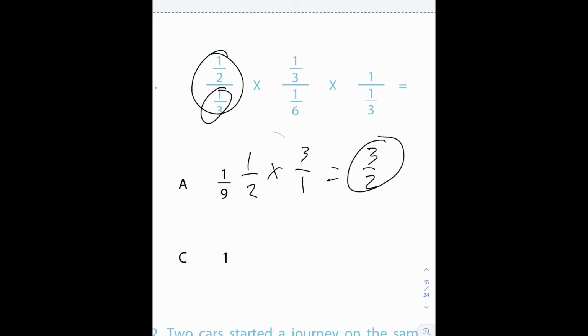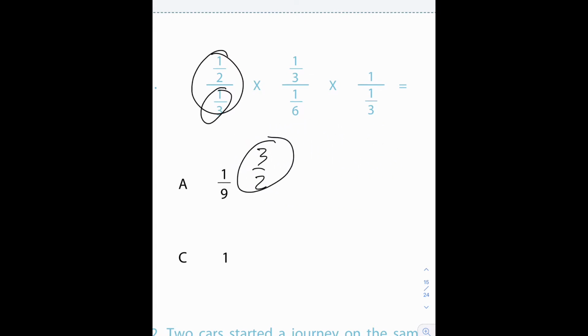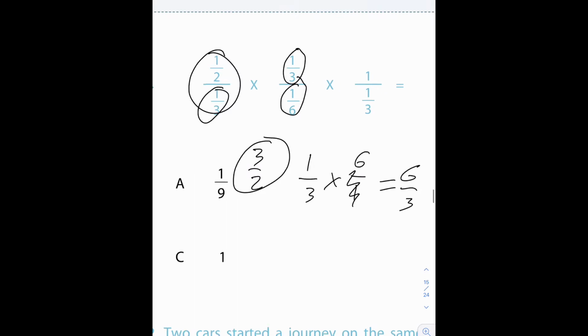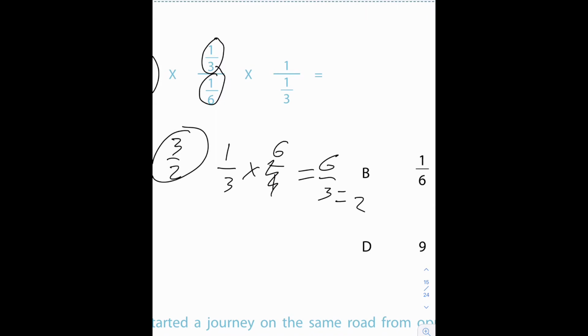All right. Now, during the actual exam, I don't clean up, but here, let's clean up. Then we have 1 over 3 over 1 over 6. Same thing. 1 over 3 multiplied by 6 over 1. Now that's just a third of 6, or let's just say 6 over 3, right? So 6 divided by 3, that's 2.